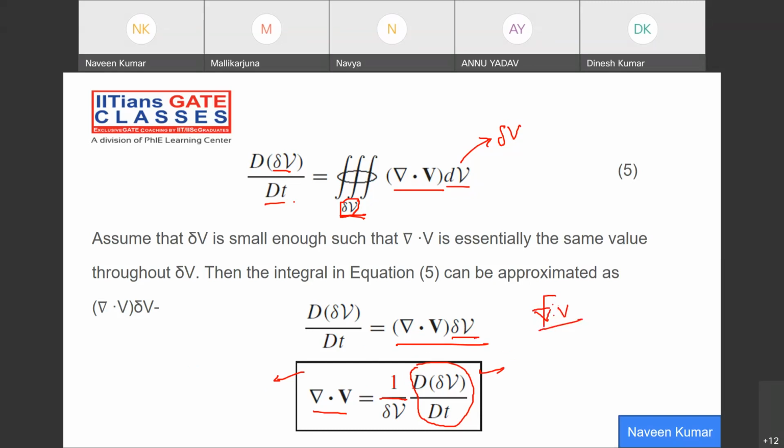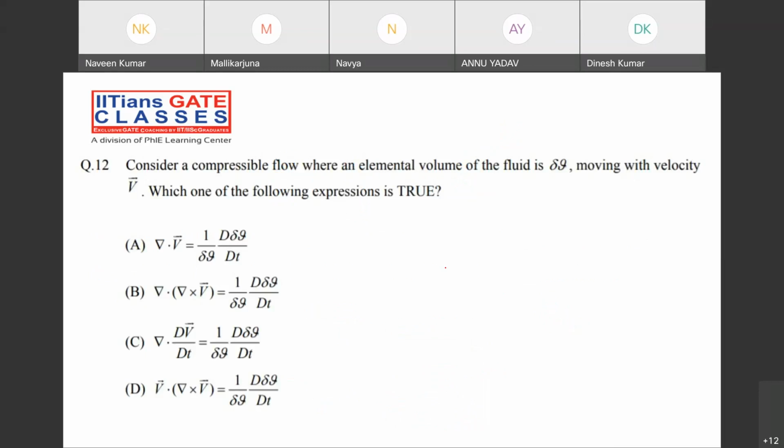There is one question that came into GATE. Consider a compressible flow where an elemental volume of fluid delta V is moving with velocity V. Which one of the following expressions is true?